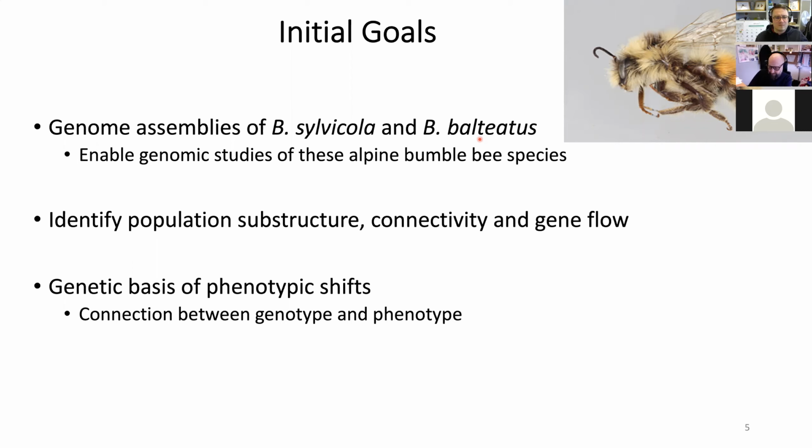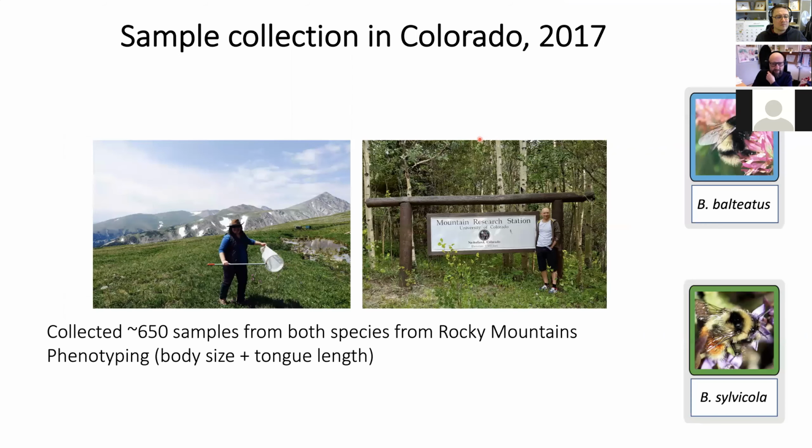So what we wanted to do was to collect also a large-scale population genomics data set connected with the phenotypic data. So we set off in 2017 to make a large collection of foraging bumblebees from Colorado, together with our collaborators, and we collected around 650 samples, and also used them to measure body size and tongue length.